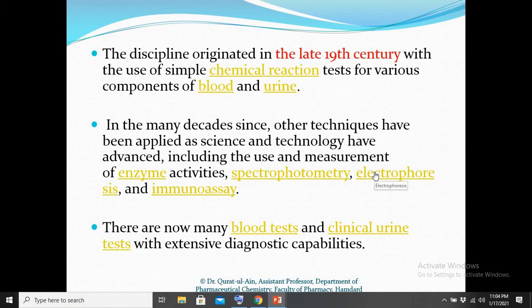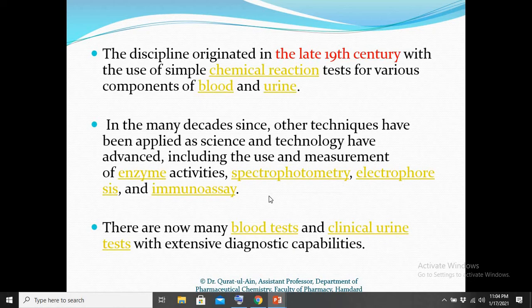Now science has advanced, and in the 20th century we can easily detect the concentration of these biological macromolecules in the body fluid by using modern equipment, and the spectrophotometer is one such equipment.